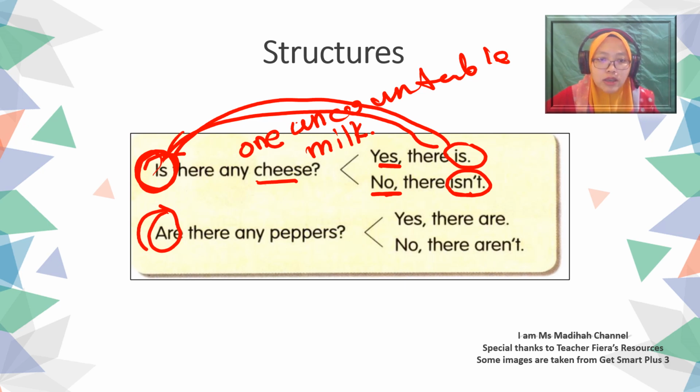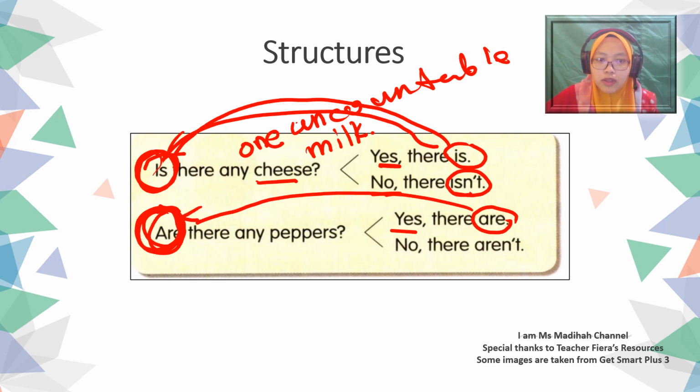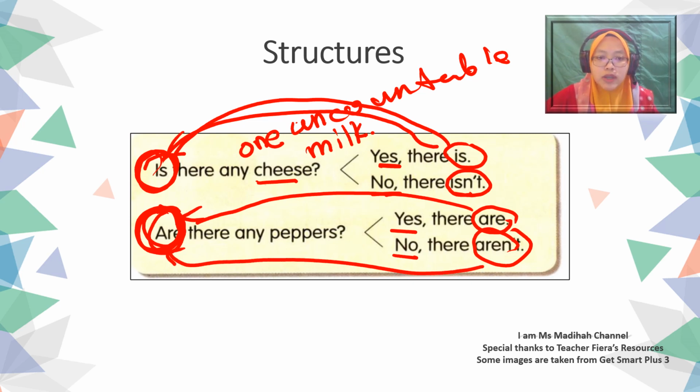So it goes the same whenever you use are. So if the question is are, then if yes, they are. You follow this, okay? If no, no, they aren't. You follow this. So again, I'd like to tell you how you use are.